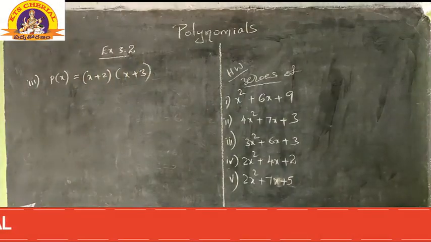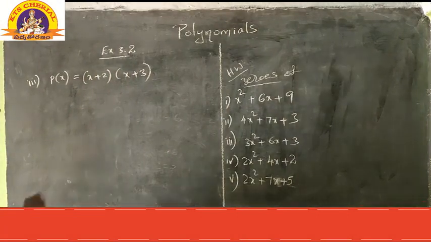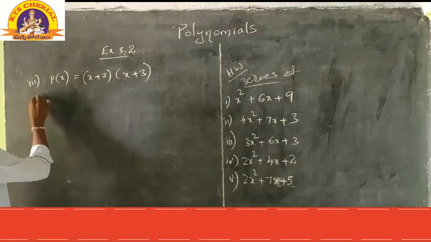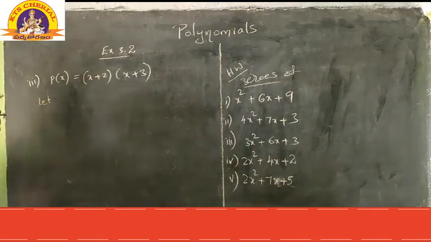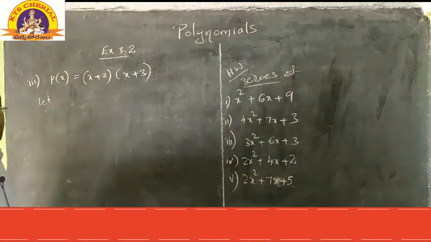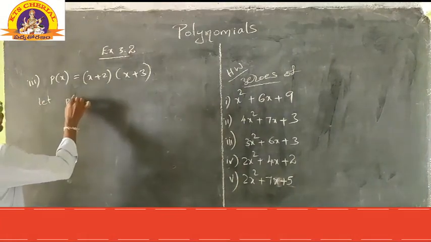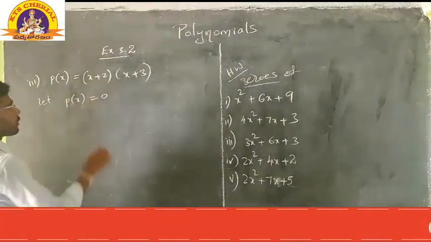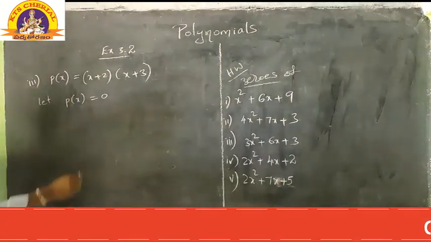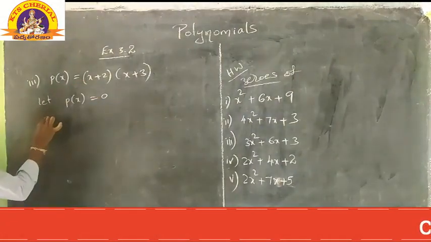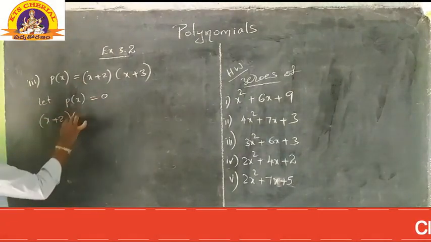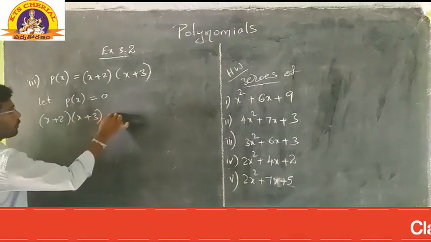Now he is asking to find the zeros of the polynomial. As I already said, whenever you are asked to find the zeros, you have to assume it as 0. So I am assuming P of x equals 0. P of x equals 0 means you can write (x plus 2) into (x plus 3) equals 0.